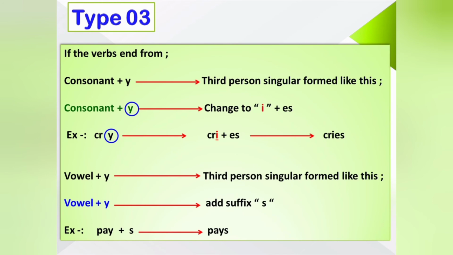Now you can see the vowel a comes before the y, so there's no need to cut that y because a is a vowel letter. You have just to add the suffix s. This is the third type of third person singular form of verbs. Now we have to move to the last type.